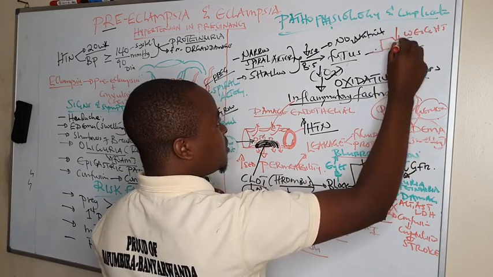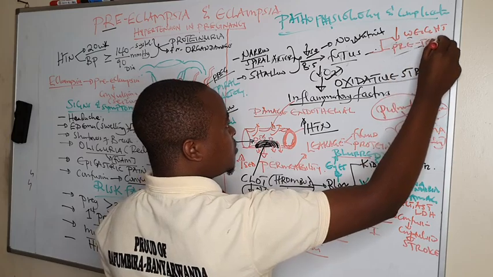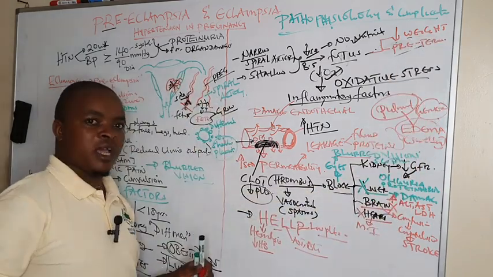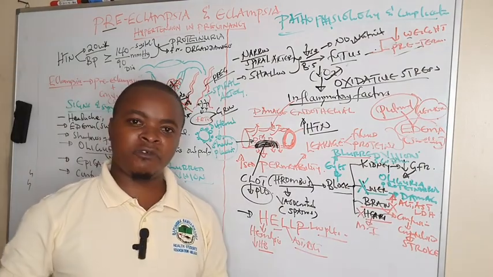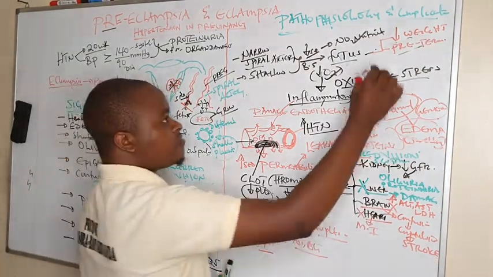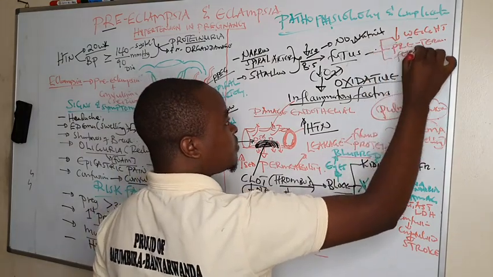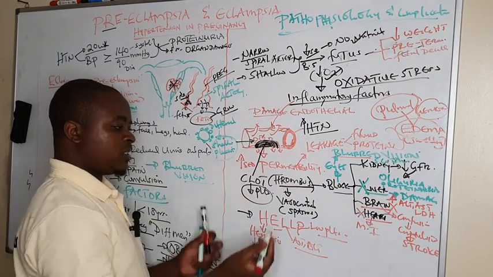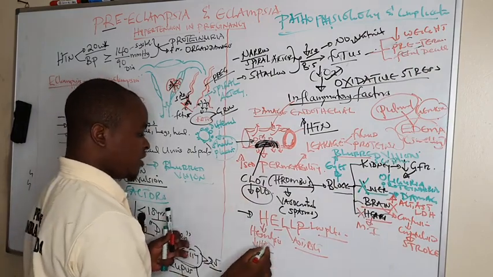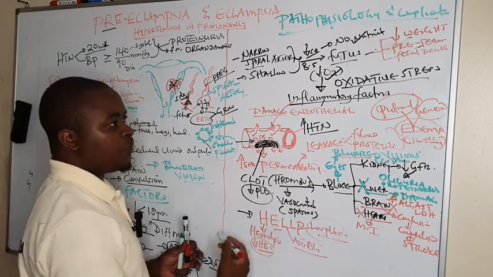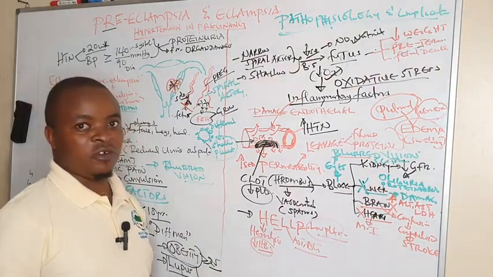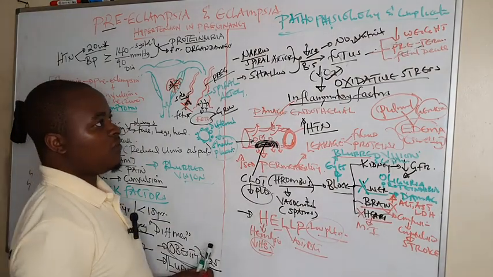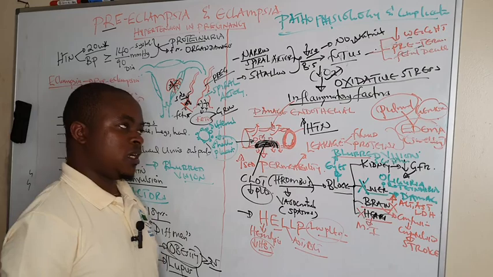It can result in preterm delivery, whereby you deliver a baby before term, before maturity. Or it can result even in fetal death. And this organ failure, increased blood pressure, decreased HB, platelets, can result also in maternal death if not managed. These are some of the complications we can talk about.